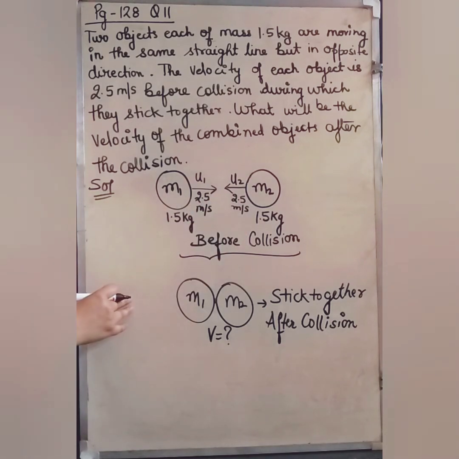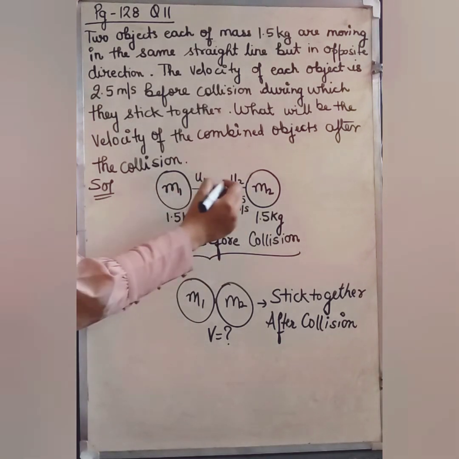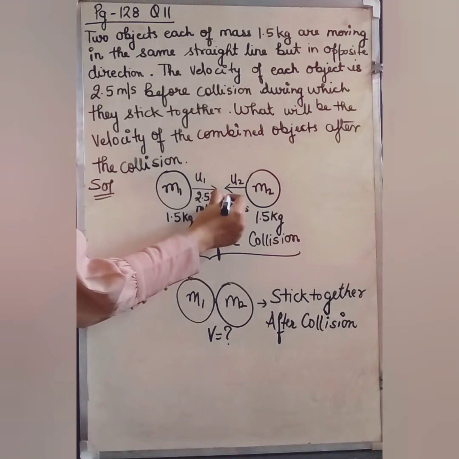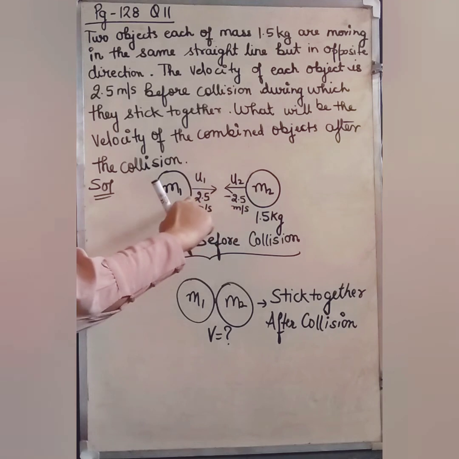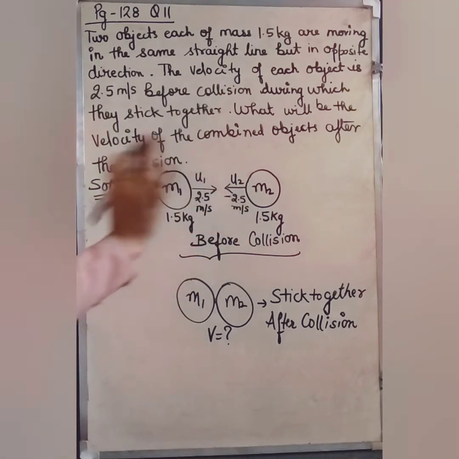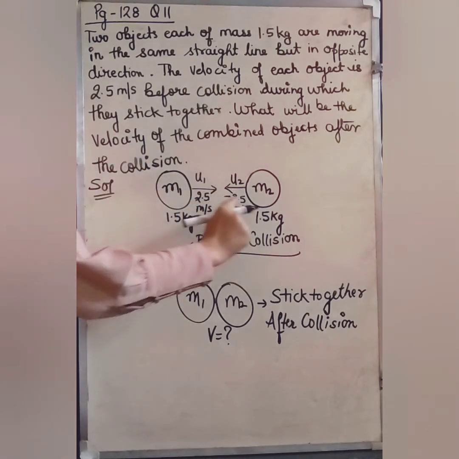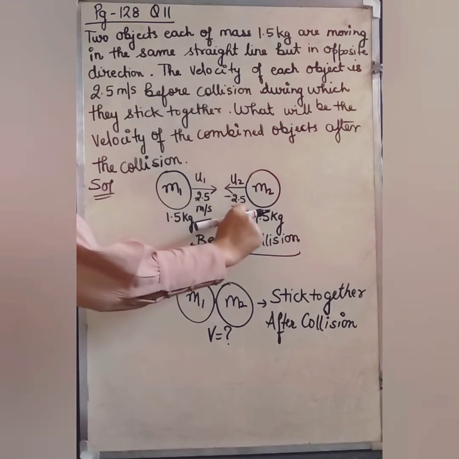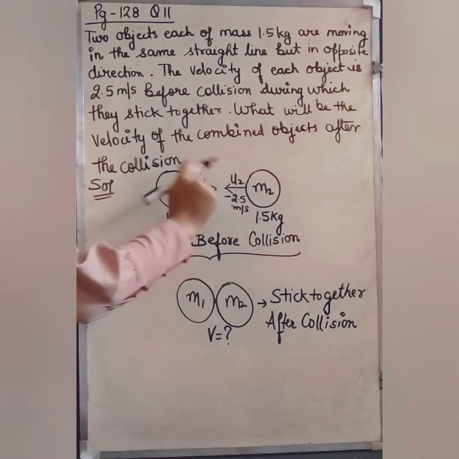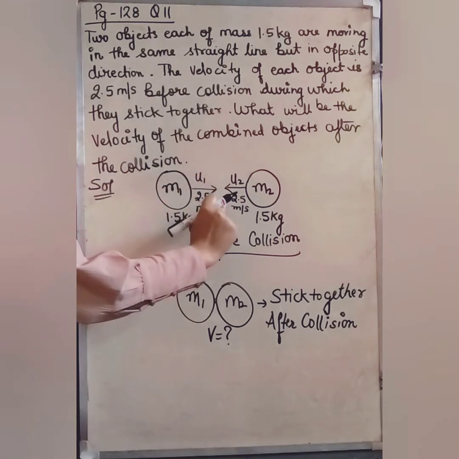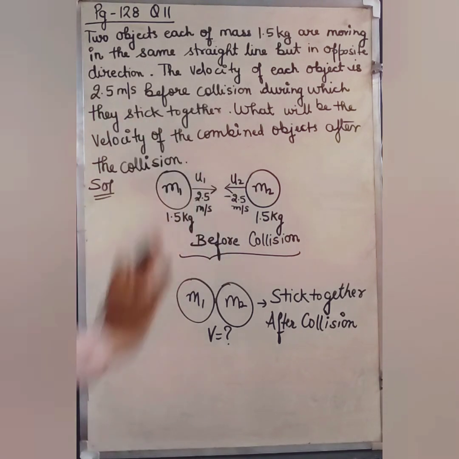And how will I show this? I will simply put one minus sign with one of the velocities. You can put minus with this velocity also, it's your wish. So both are moving with the same speed but in the opposite direction, and opposite direction I have shown with this negative sign.